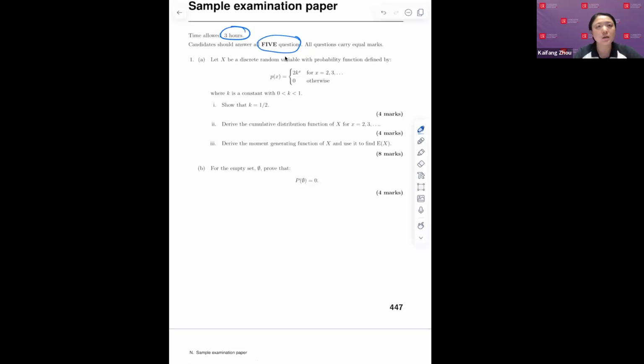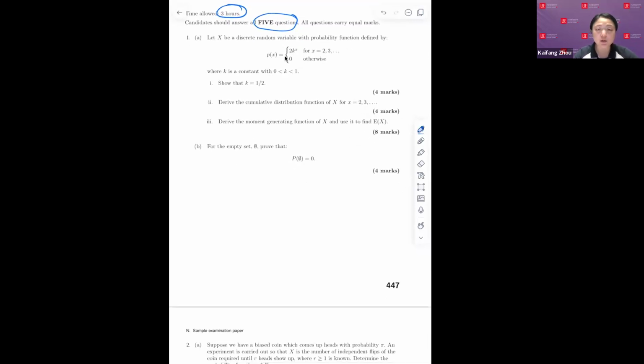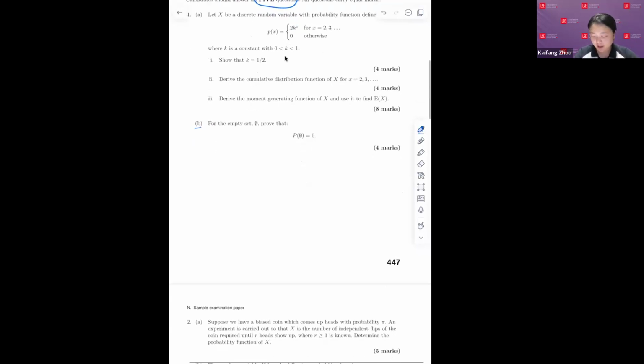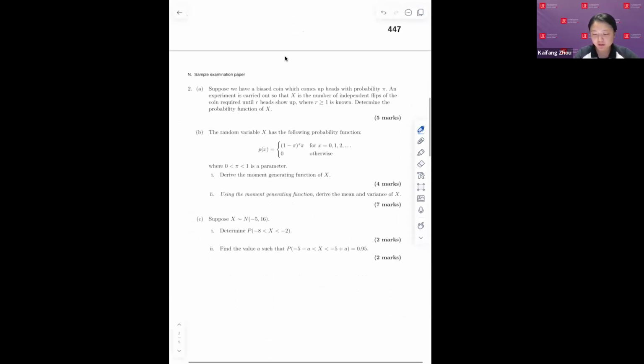Normally, for each chapter that we covered in this course, we create 1 or 2 small questions. For example, question 1 here is something to do with the discrete random variable and the sense of probability, and 1B here is something to do with set theory. And then 2A here is something to do with probability again.